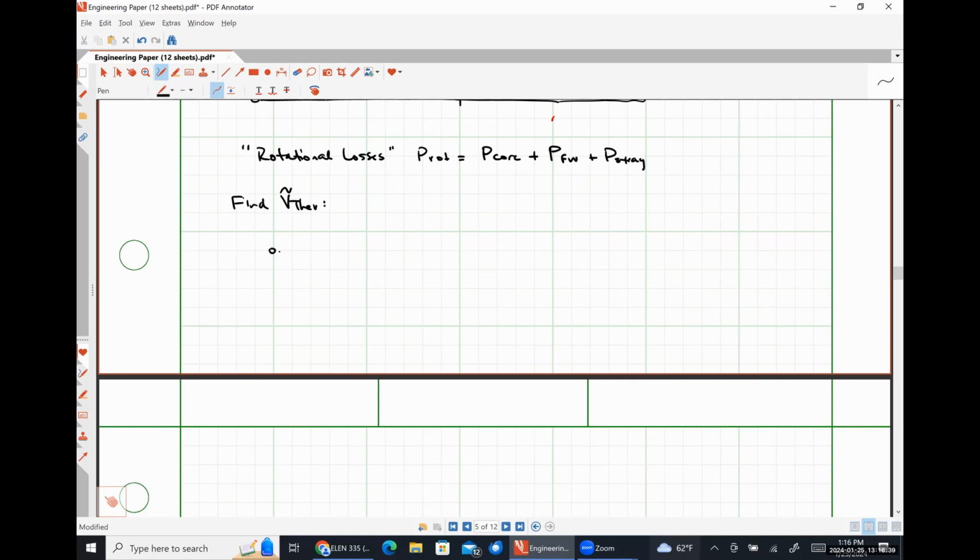So for our Thevenin voltage, this is our system. We have our voltage Vs here. I'm going to have to rewrite my notes. Rs, JXs, JXm, and here's V Thevenin.